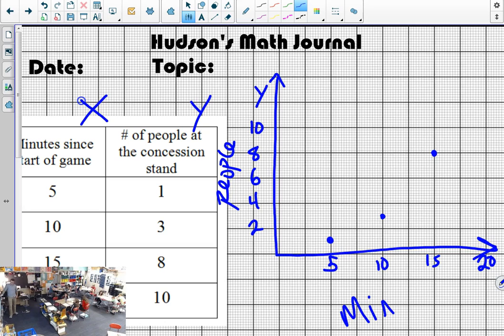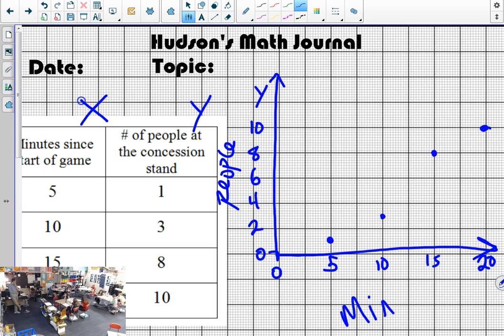And sorry my line doesn't stay flat. That line should go straight across. Blame it on the smartboard. And 20 minutes, we go all the way up to our value of 10. Please make sure you realize both of these have to be 0. The origin point has to be 0, 0.